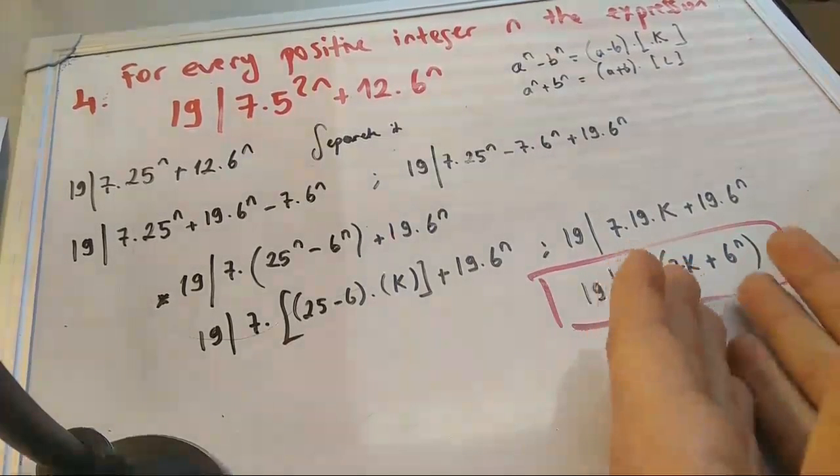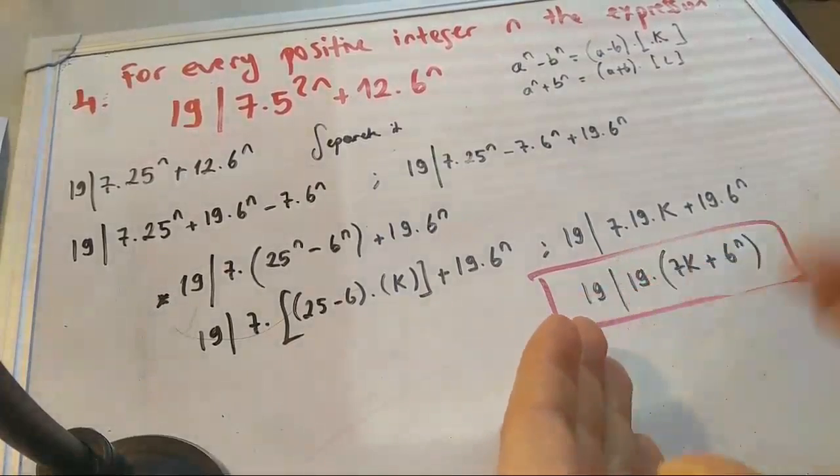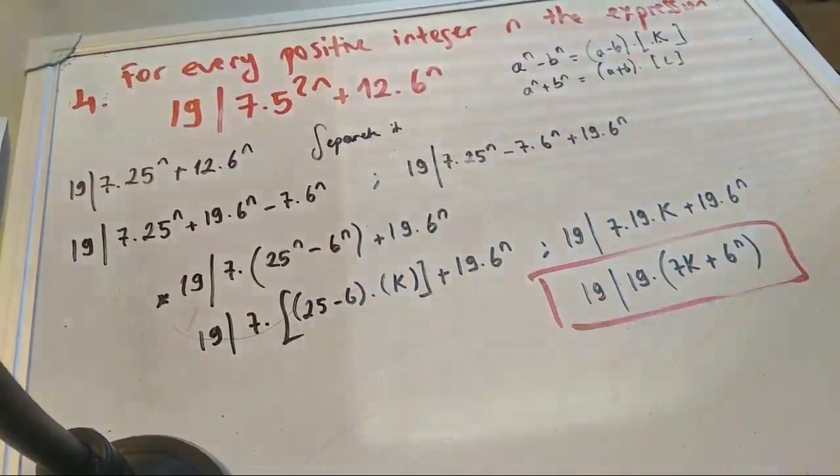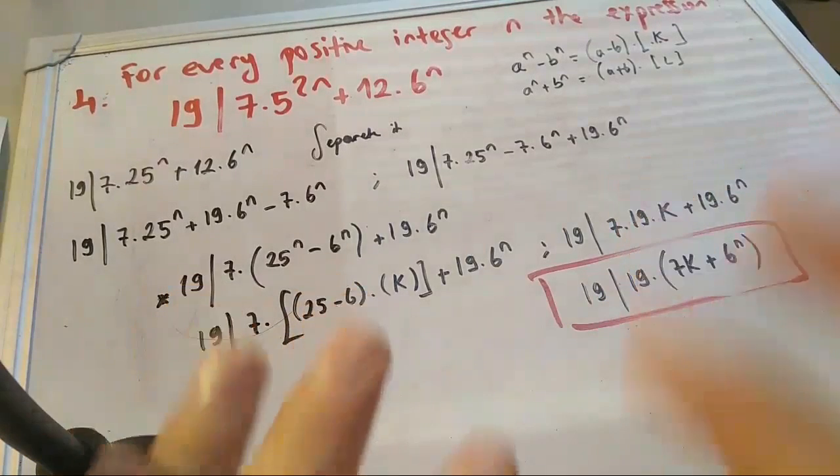How can we provide a number that is divisible by 19? Because of that, we have to use n as a positive integer. Okay? Did you understand? I think everything is obvious here.